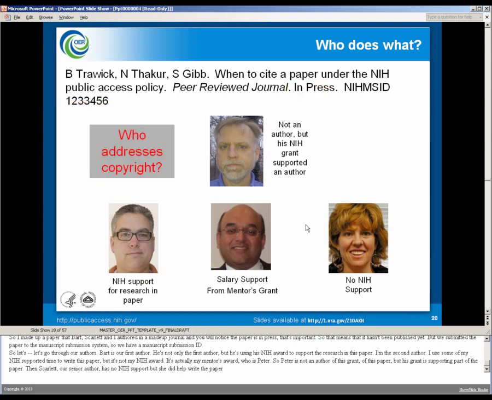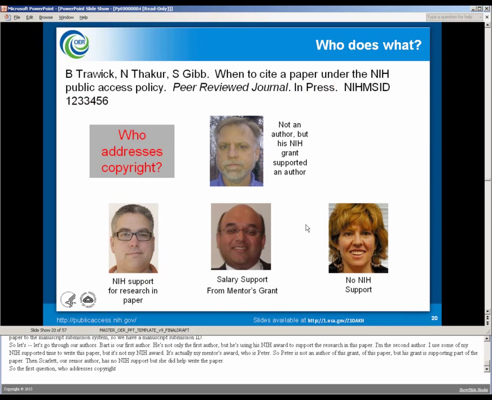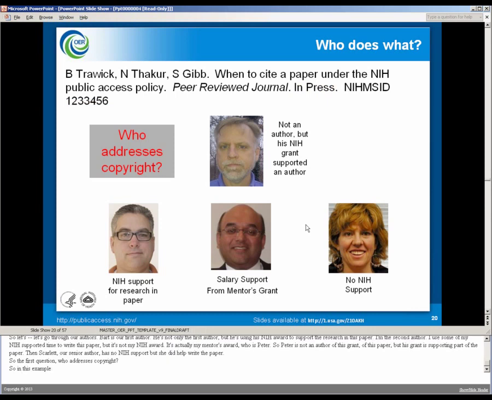So the first question, who addresses copyright? In this example, of course, the awardee institution is responsible for ensuring that the NIH-supported authors don't sign anything that prevents them from complying with the public access policy.